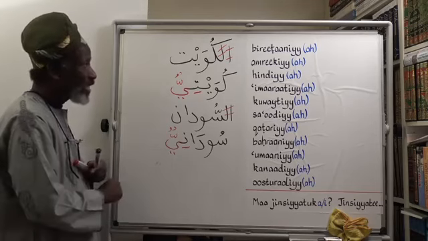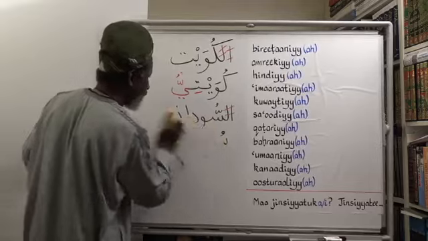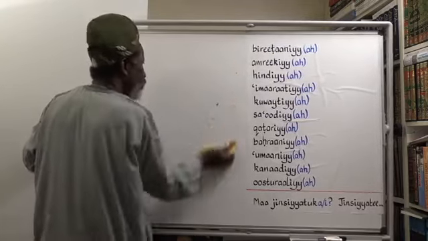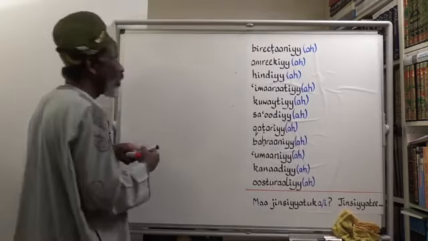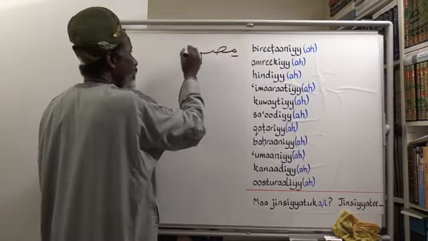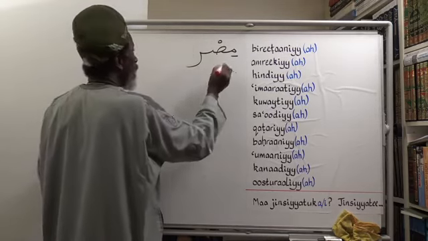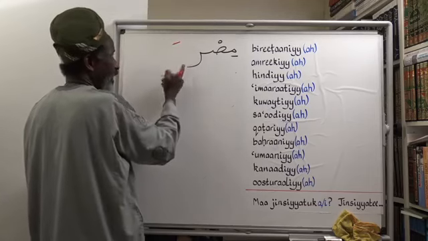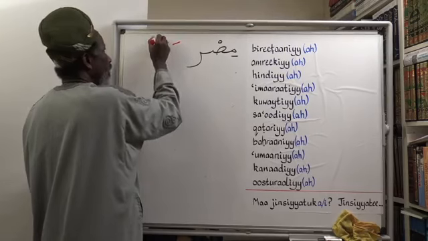That's for male. If it's female, let's go back. We're going to use Egypt and Egyptian to demonstrate that. So if I give you Egypt again, which is Misr. Remember what we did is we add kasra for male on the last letter, and then follow with shadda on the ya.